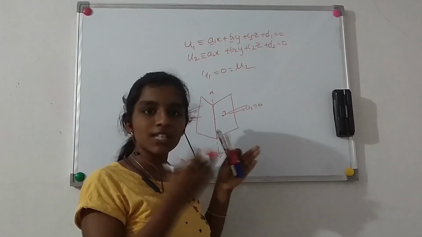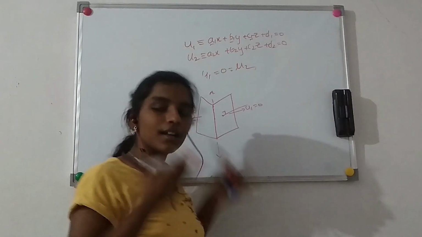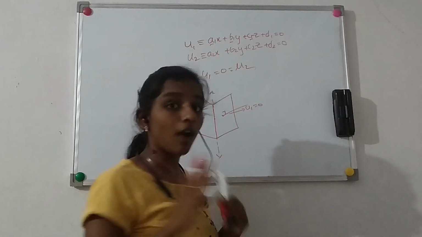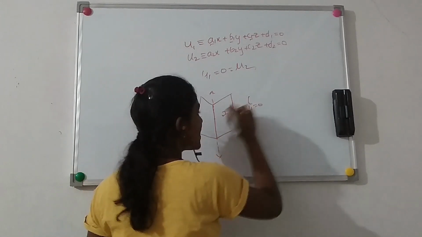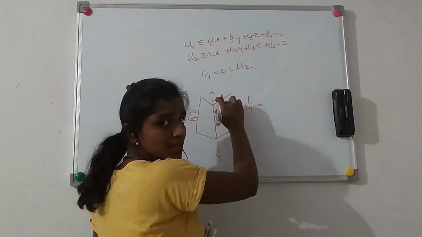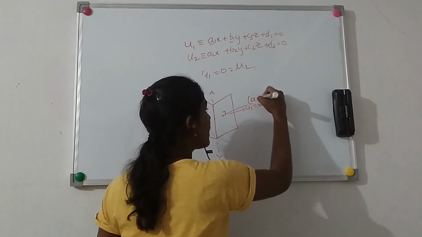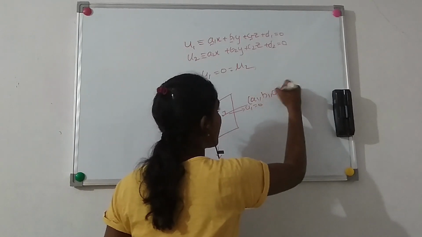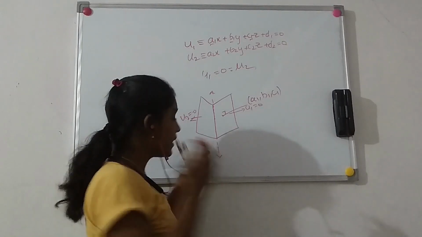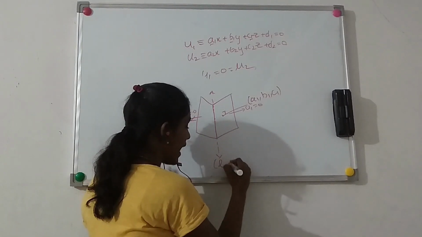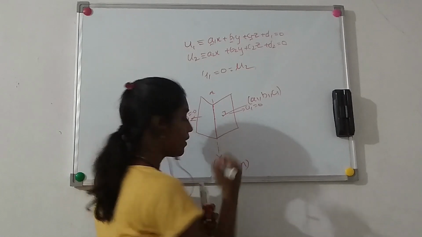The coefficients of x, y, z are nothing but the drs of the normal to that plane. So the drs of this normal to this plane u1 equals 0 are a1 comma b1 comma c1. Suppose, for example, the drs of this line are l comma m comma n.